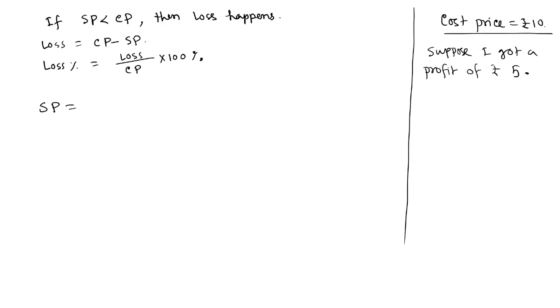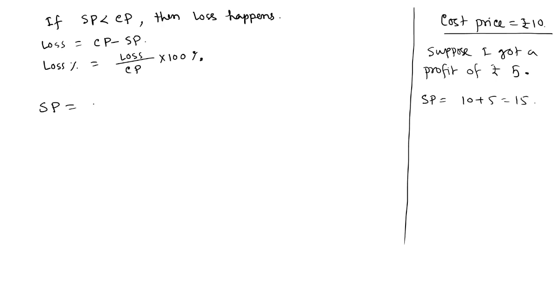Therefore, after selling it, I have an extra 5 rupees. Therefore, what should be the selling price? Then the selling price is definitely 10 plus 5. This is very common sense, right? So, selling price is 10 plus 5, that is 15 rupees, right.